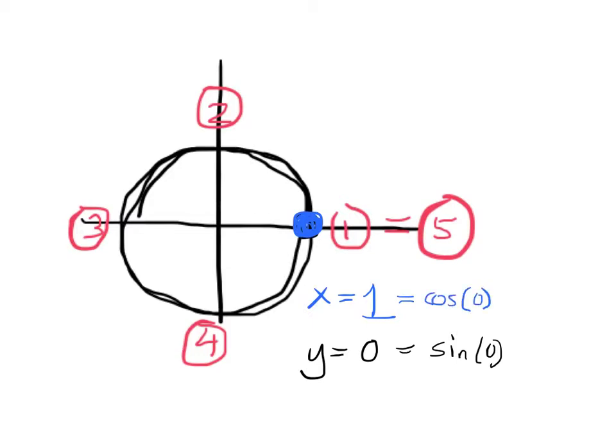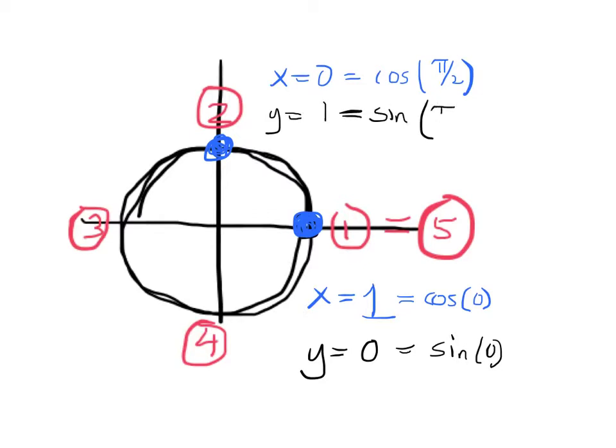Okay? Now let's look at the point 2. Okay, x here is 0, which is cosine of pi over 2. And y is 1, which is sine of pi over 2. Both of those things are pretty easy.